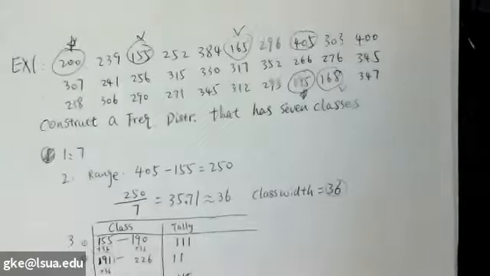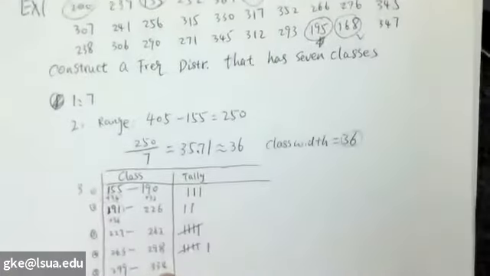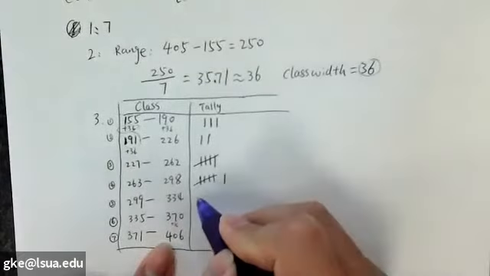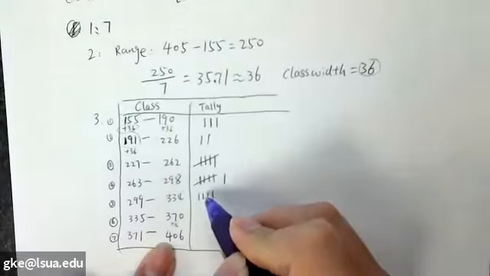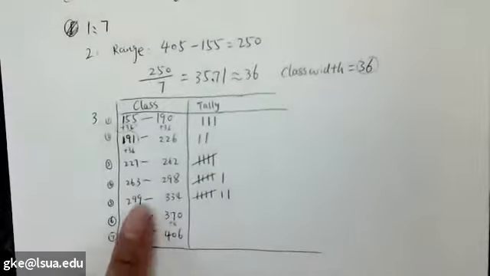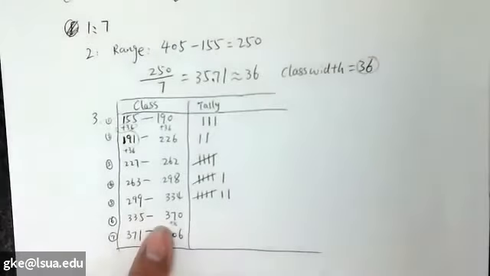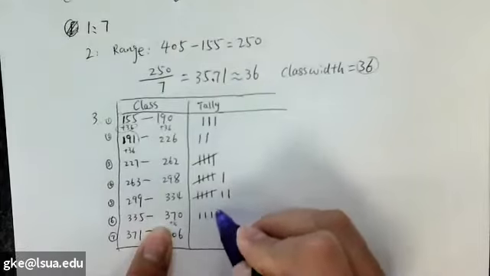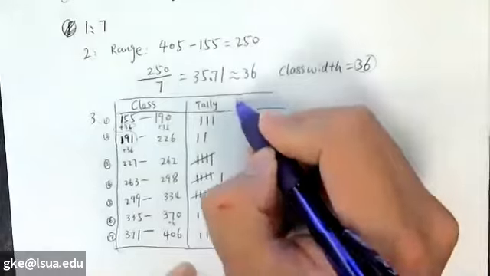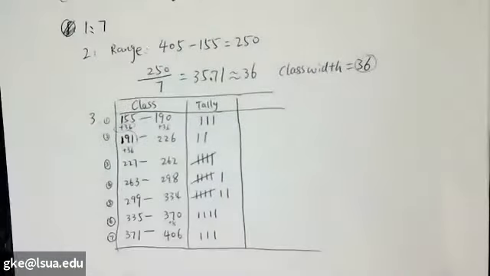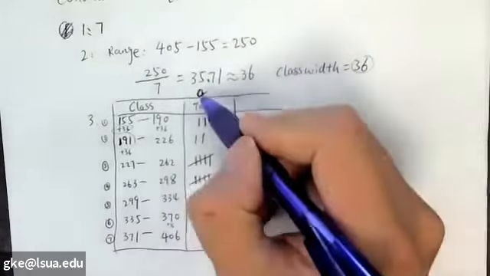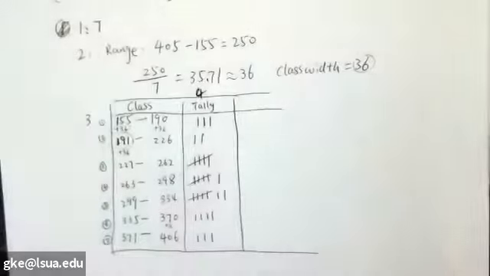For class 5, you can find 1, 2, 3, 7. And for class 6, you can find 1, 2, 3, 4. And for the last class, you can find 3. Okay, we finish the tally, and that is step 4.